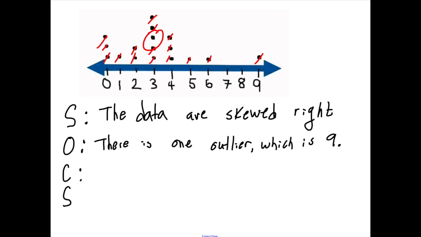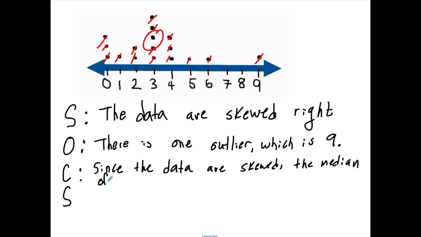This is how I expect Course 1 Honors students to write this statement: Since the data are skewed, the median of 3 represents the center of the data.